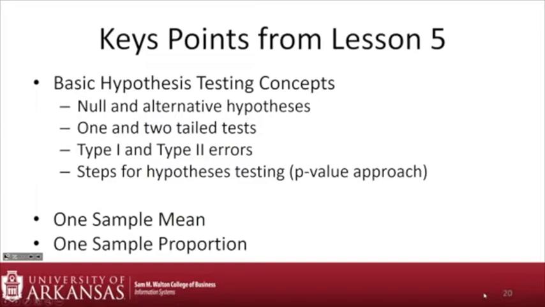I could give you a scenario and ask you to identify the type 1 and type 2 errors. I could give you a scenario and maybe even tell you what the type 1 and type 2 errors are and just ask you from an ethics perspective, which one's worse and why.